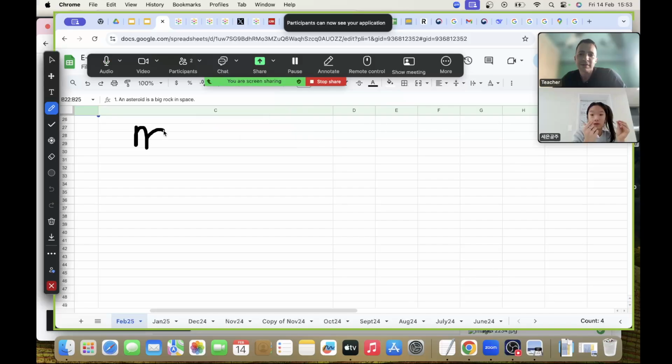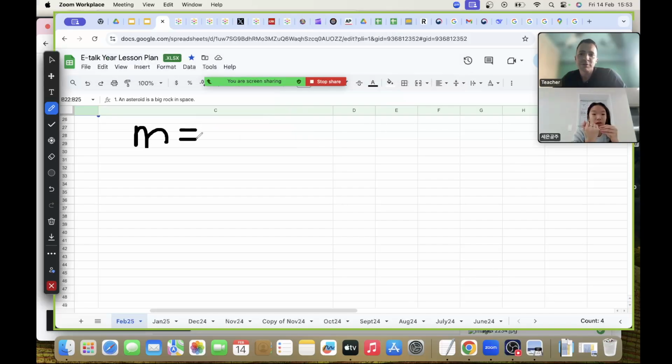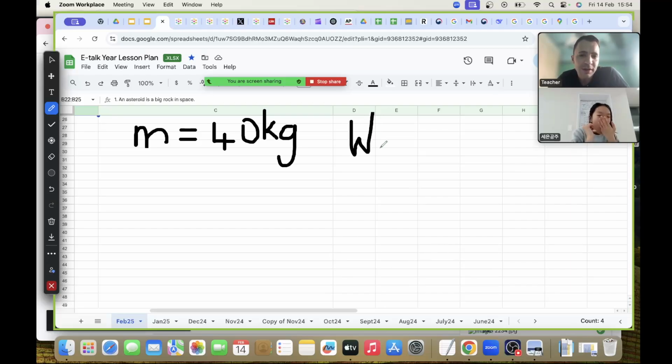Your mass is equal to, what are you, 30, 40? 40 kilograms. If you go to the moon, you are not getting bigger, you are not getting smaller. You will stay 40 kilograms, right? But what about your weight on Earth and your weight on the moon? Weight is equal to mass times gravity.